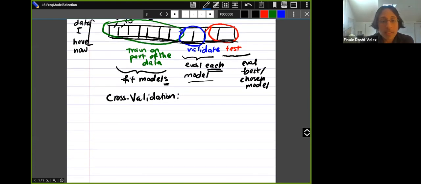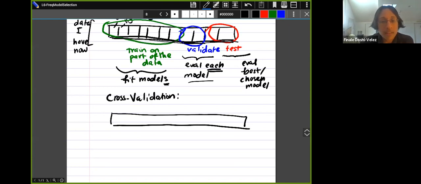So in the case of cross-validation, it's a similar idea, and I'm going to draw it in a similar way. Here are all my data points. And now I'm going to split my data into groups. What I'm going to do is train on one set of groups.